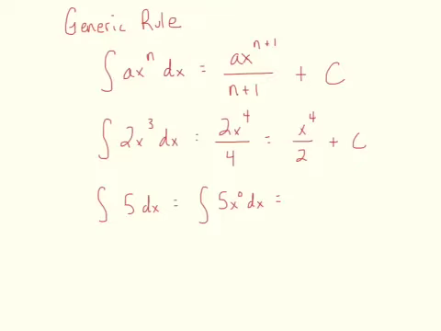So once again we're going to go ax to the n plus 1, right? 0 plus 1 is 1, divided by 1. And of course the simpler way to write that would just be 5x, and then don't forget your plus c. So whenever you're taking the integral of a constant with respect to x, it really just ends up being that number times x, and then plus c.